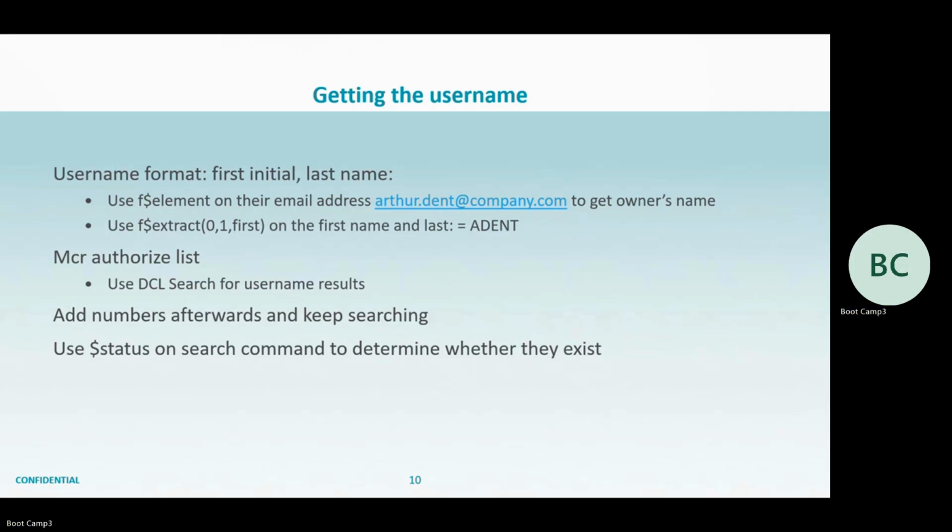You can have $STATUS capture that, and the search statistics can tell you how many of them there already are, and you can say, oh okay, the next one must be 42. So enter it that way.